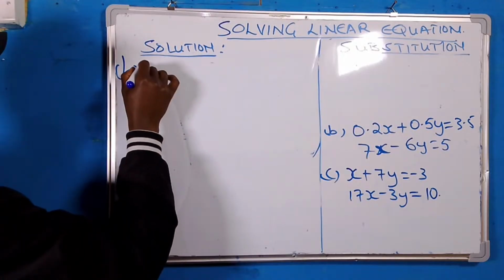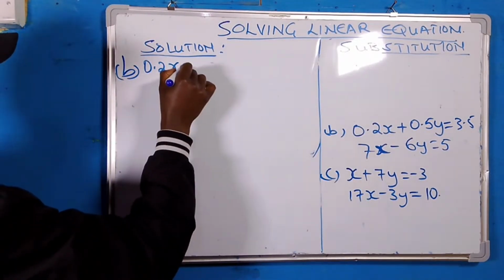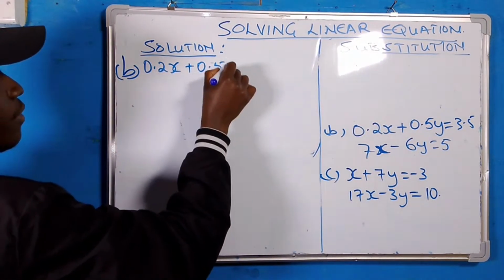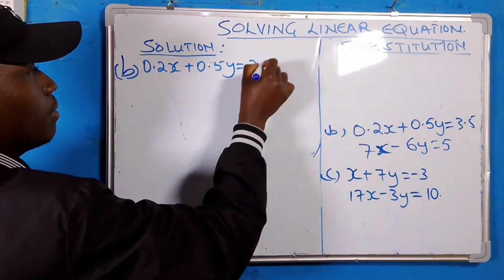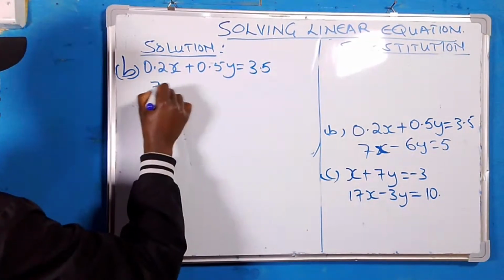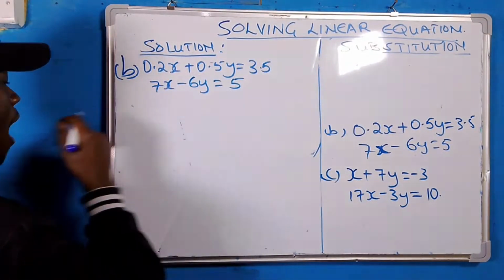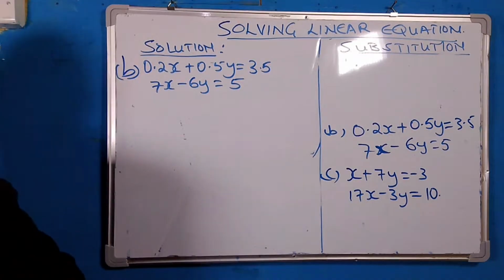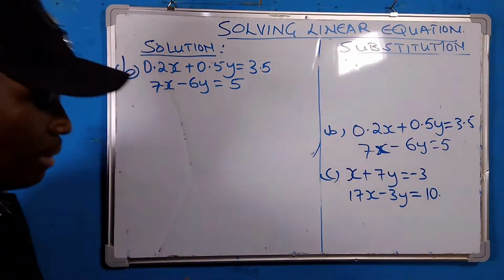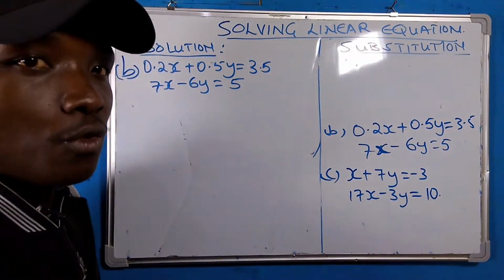The second question is 0.2x plus 0.5y is equal to 3.5. Then we have 7x minus 3y is equal to 5.